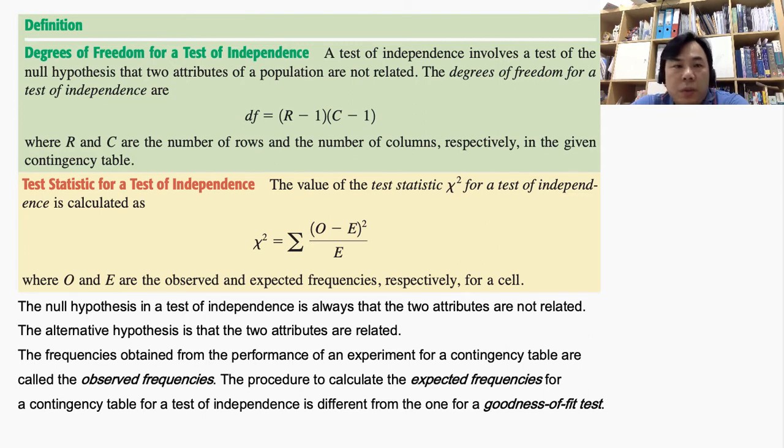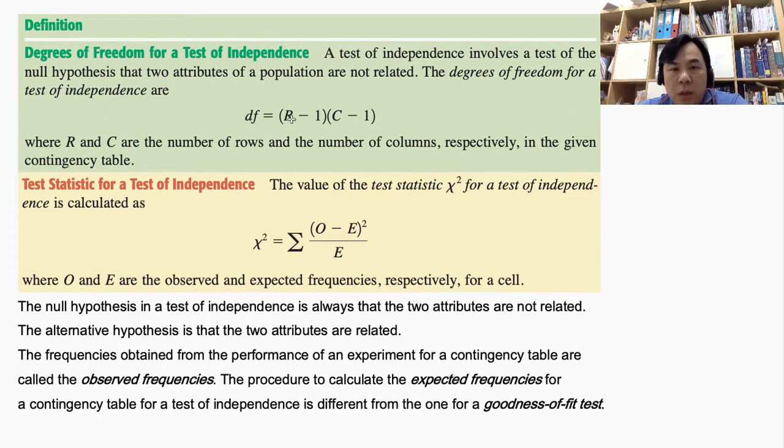Okay, now as usual, for any chi-square hypothesis testing, we need to figure out its degree of freedom. But the degree of freedom for the test of independence is much simpler as compared to the test for goodness of fit. Right. Now, the formula is given by this multiplication, (R - 1)(C - 1). The R stands for the row, how many rows we have in the contingency table, and then C is the column itself.